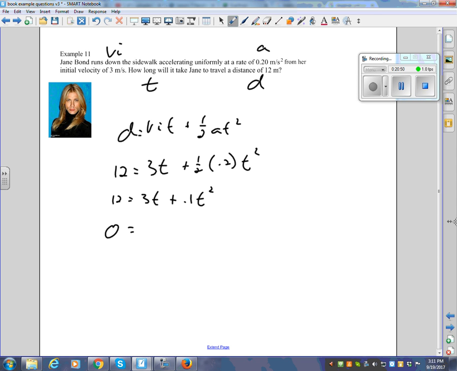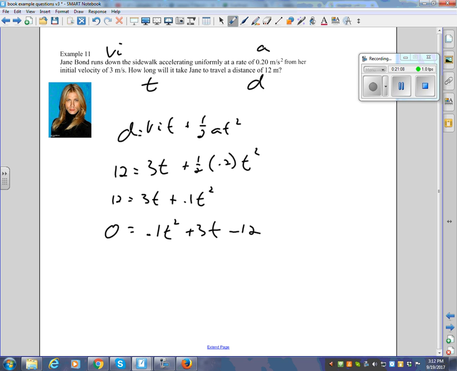So the x squared is the t squared, so that's going to be 0.1 t squared plus 3t. I just flip those around, and then that 12 goes to the other side and becomes minus 12, right?